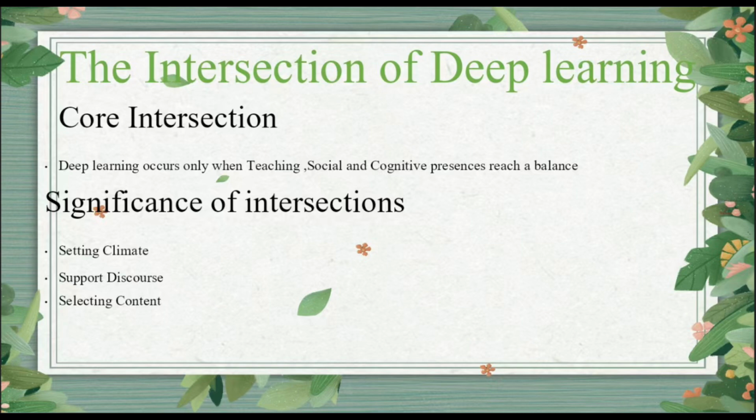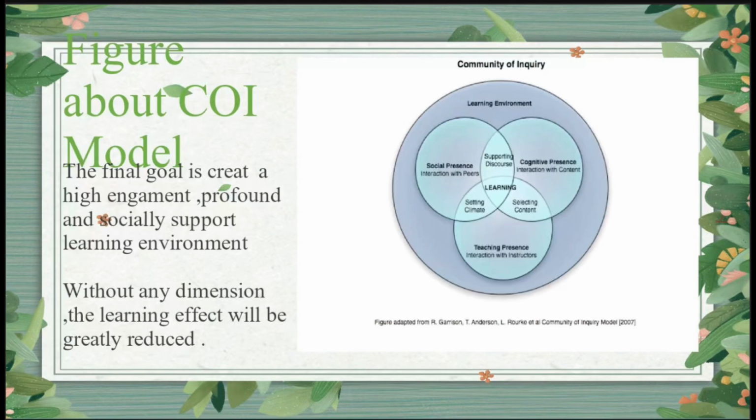The final goal is to create a high-level, profound, and socially supportive learning environment. We can see the figure about the COI model. Without any dimension, the learning effect will be greatly reduced.